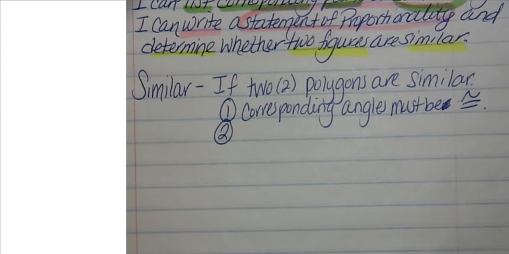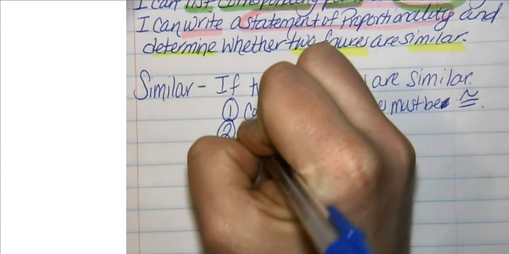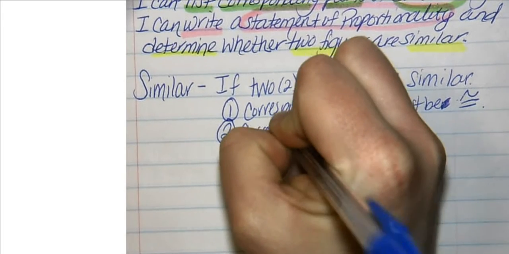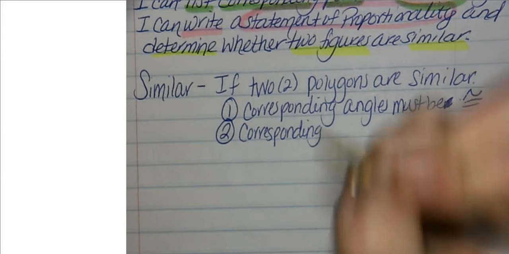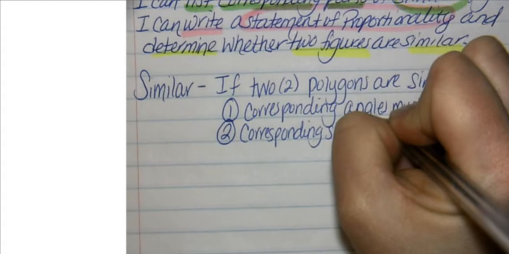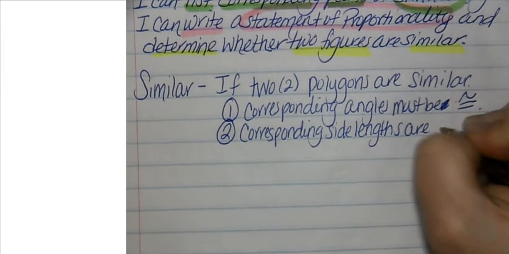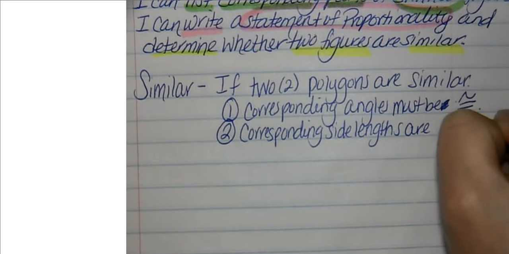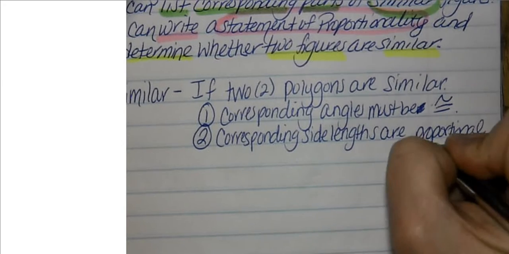And the second characteristic of similar figures is that the corresponding side lengths, remember, corresponding represents the word matching. Corresponding side lengths are proportional. And I'm going to talk about what proportional means in just a moment, but they are proportional.